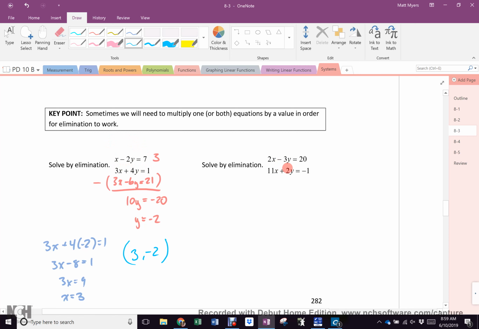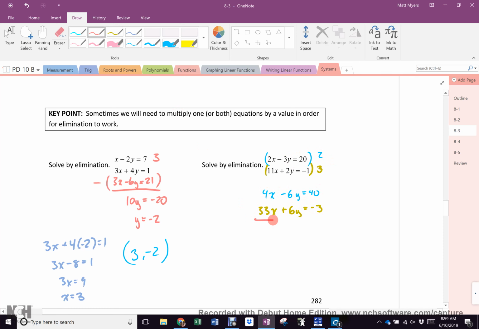I'm going to have to change the looks of both of them, aren't I? Would you rather deal with 2 and 11 or 3 and 2? 3 and 2, of course, because you would multiply this guy by 2, and this guy by 3, to get 4x minus 6y equals 40 and 33x plus 6y to equal negative 3.